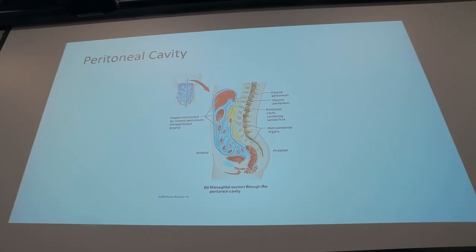Now, in the mid-sagittal section, where you can see the organs of the abdominal cavity, in the abdominal cavity we have these membranes that are called peritoneal membranes.